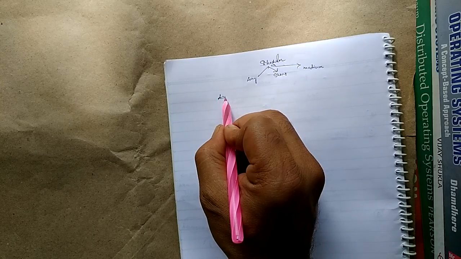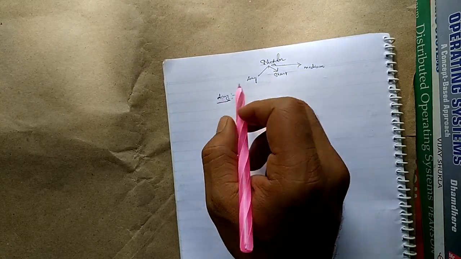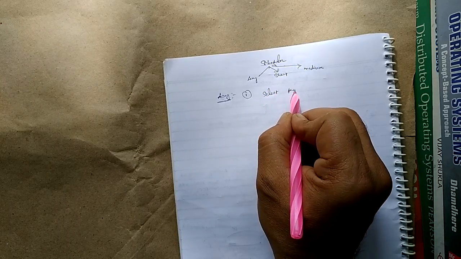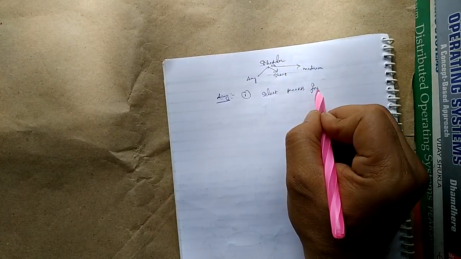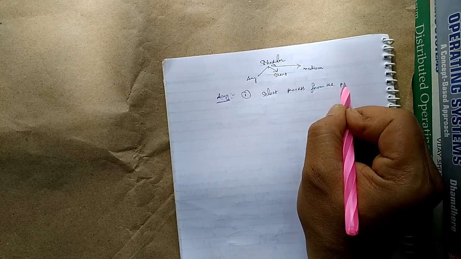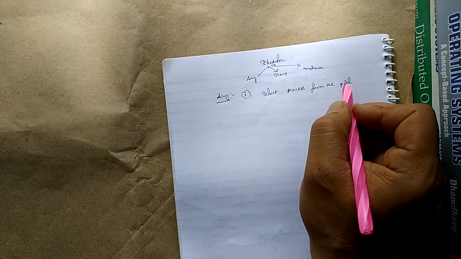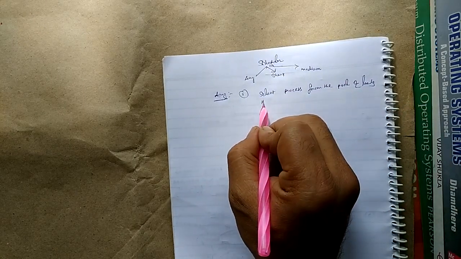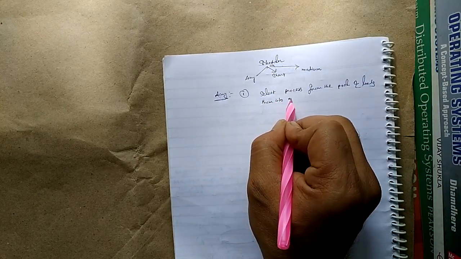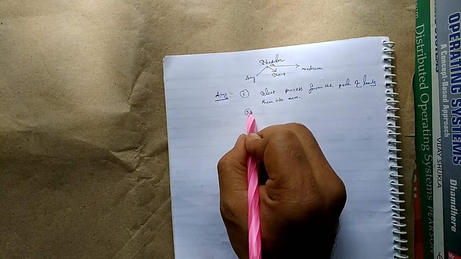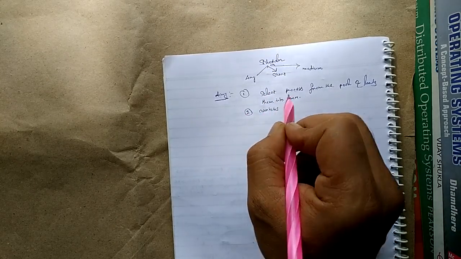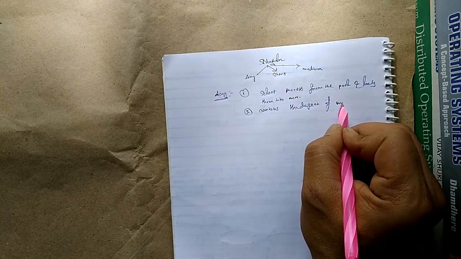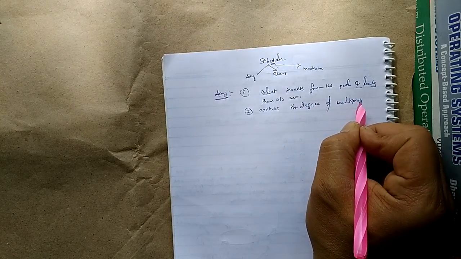The long term scheduler, what it does: selects processes from the pool and loads them into memory. Number 2, controls the degree of multi-programming.